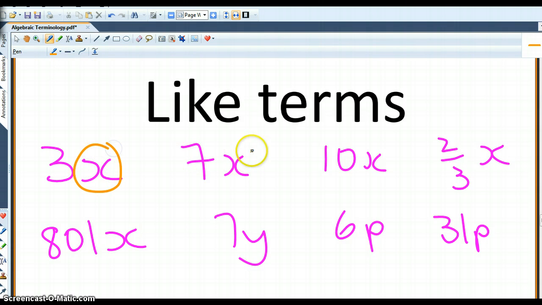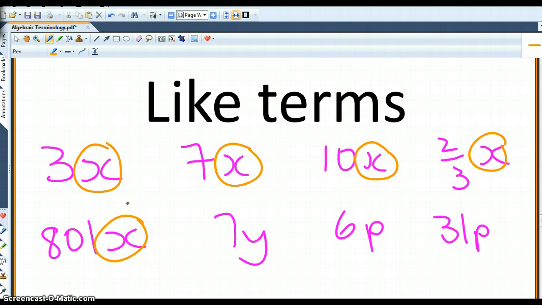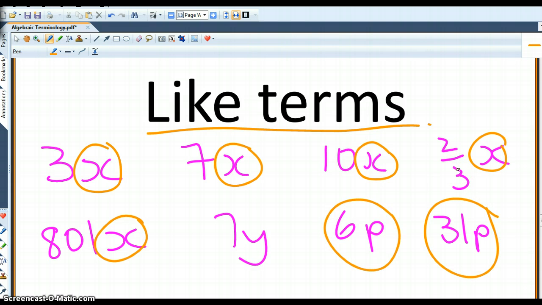We look at the letters and we can see that all of these have the same letter and no other letters. And they've got different numbers at the front. They're all like terms, okay? 6p and 31p are like terms to each other.